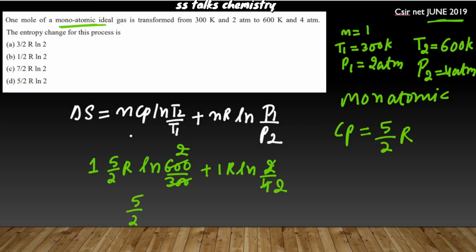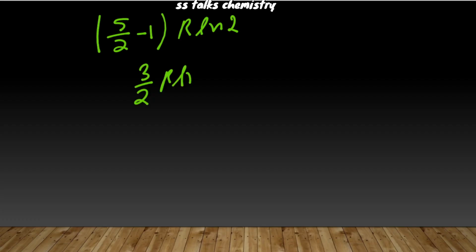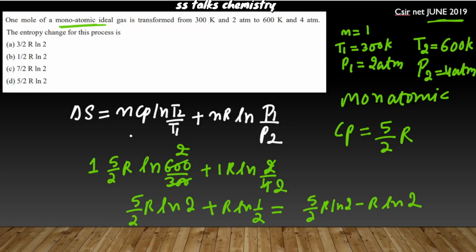So it is 5 by 2 R ln of 2 plus R ln of 1 by 2, or we can say 5 by 2 R ln 2 minus R ln 2. So 5 by 2 minus 1, into R ln 2, that means it is 3 by 2 R ln 2. So this is going to be the delta S. So the answer is 3 by 2 R ln 2. Option A is the right answer.